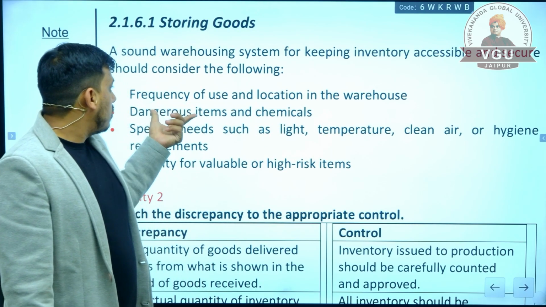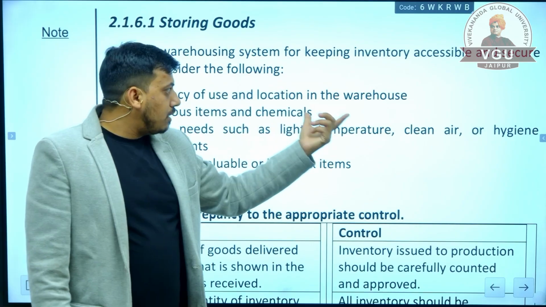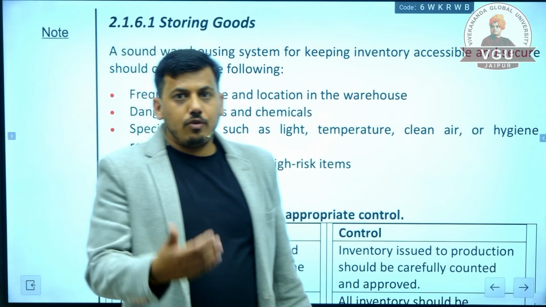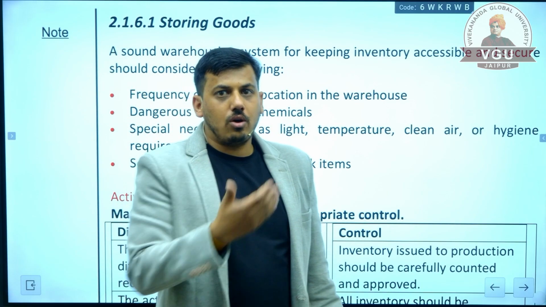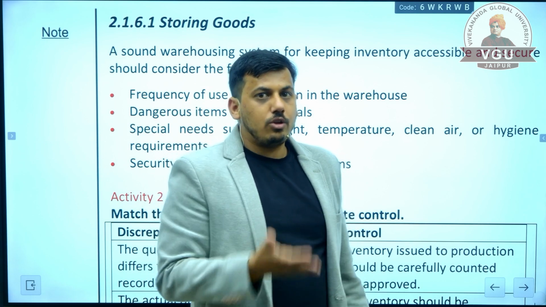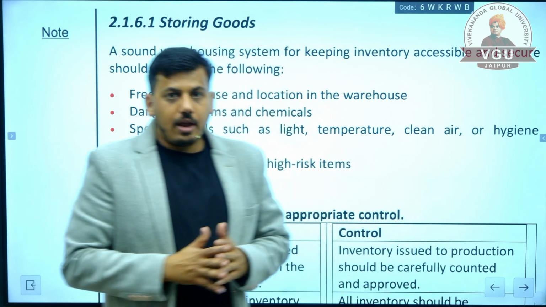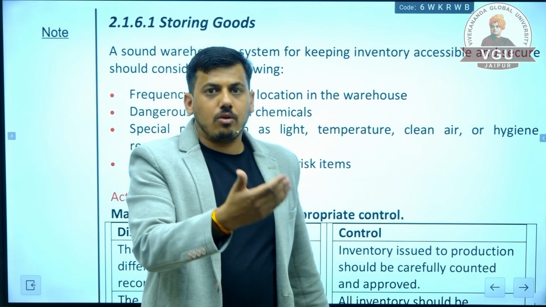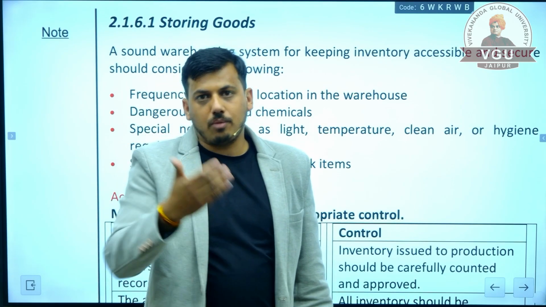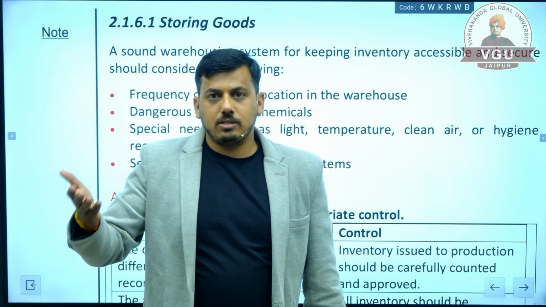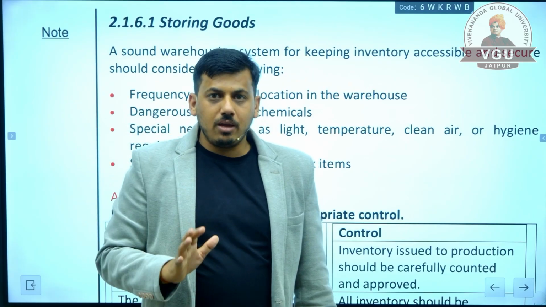The location of the warehouse is very important. If you are using units on a day-to-day basis, then your warehouse should be situated near the production area. And if you are taking goods from the stores department or the warehouse on a periodic basis, then the distance can be greater.